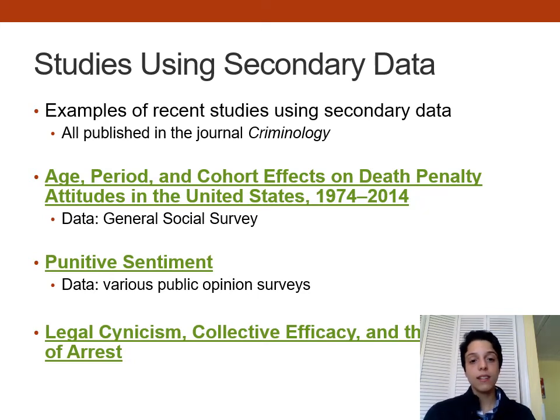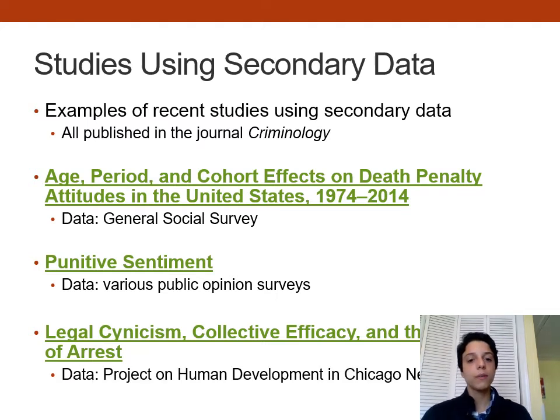This study is called Legal Cynicism, Collective Efficacy, and the Ecology of Arrest, I think. They were looking at data from a big study on Chicago neighborhoods. This is also a massive, multi-year survey project that involved going in and looking at the physical conditions of neighborhoods and a whole bunch of other things.